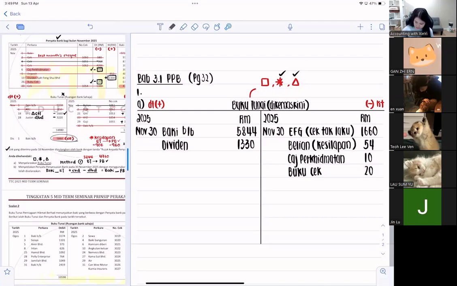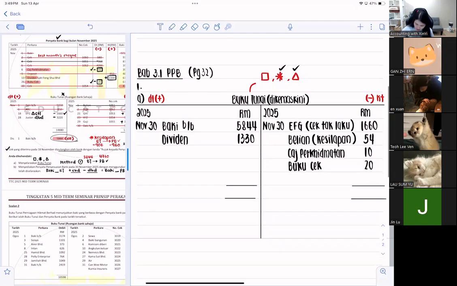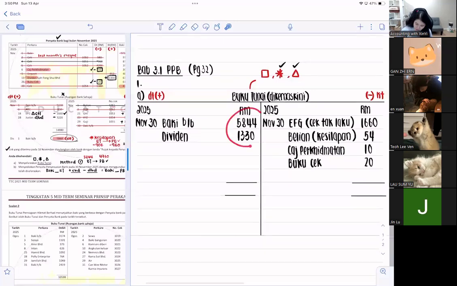Right, now it's time that we try to find out what is our baki HB. So I will recommend you to at least leave 1 row empty. 2, 4, 6, 8. Okay, yeah, I left extra. It's okay. So now I will leave 1 row empty at least to find out what is my baki HB. To get that, you need to first total up your left side. 5844 plus 1330. Total is 7174.